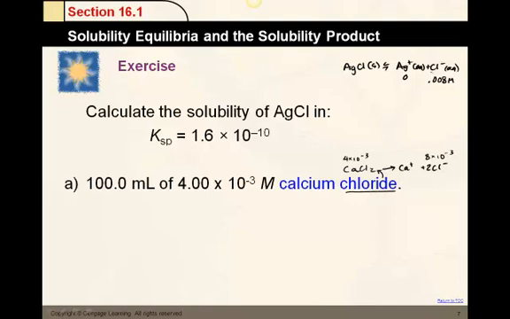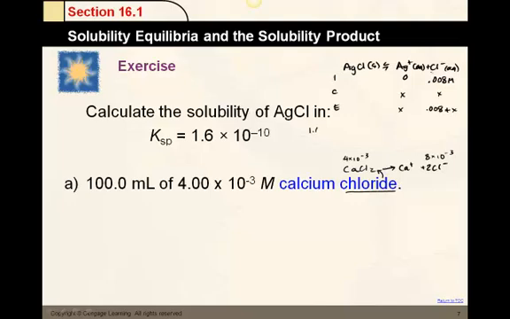So that's initially. And then there's some change. Of course, in this case, we are adding something. We don't know what, and subtracting it from AgCl, but since it's a solid, it doesn't matter. So we have X, and we have 0.008 plus X. And silver chloride, of course, has a Ksp of 1.6 times 10 to the negative 10.